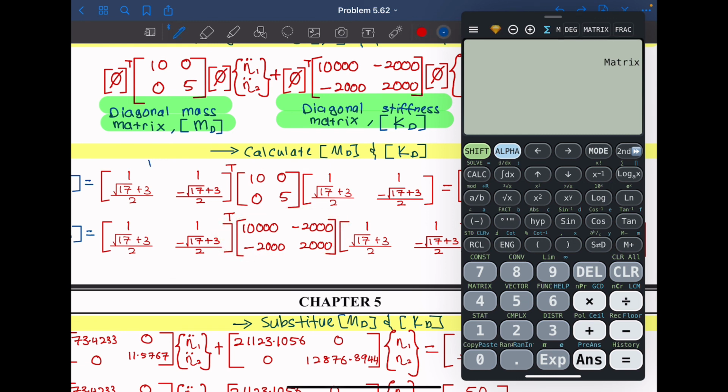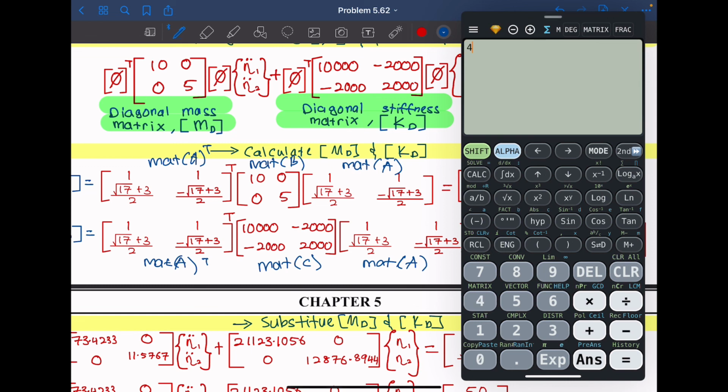In the calculator, this is matrix A transpose, matrix B, and also matrix C. Sorry, the original matrix A. So this is matrix A transpose, and this is matrix C from just now. We haven't touched anything yet in the calculator. So this is the original matrix A, the original modal matrix.